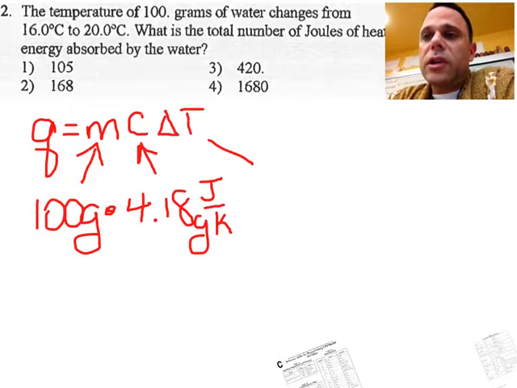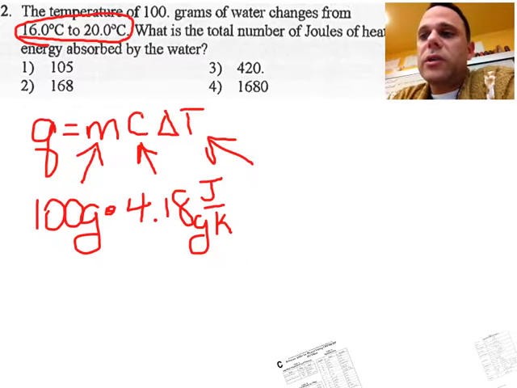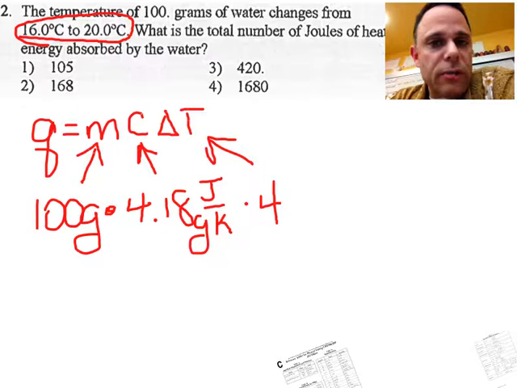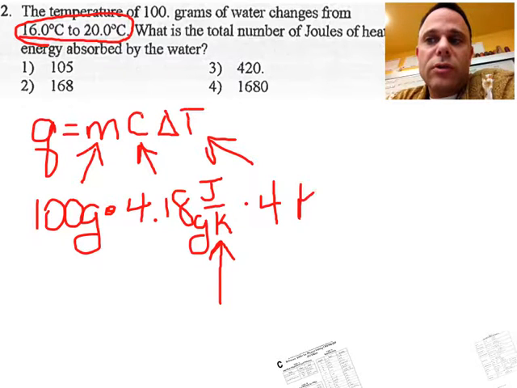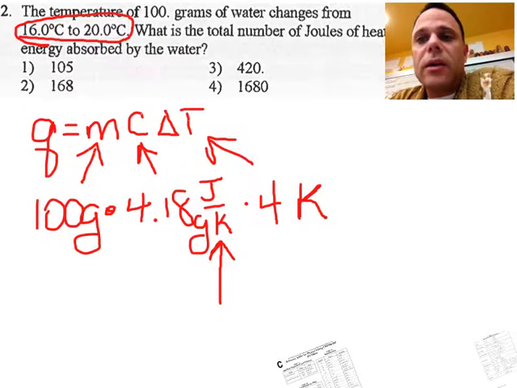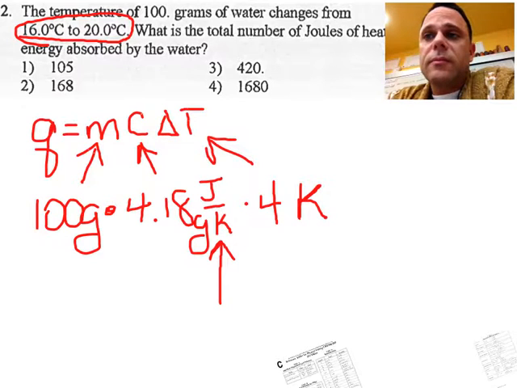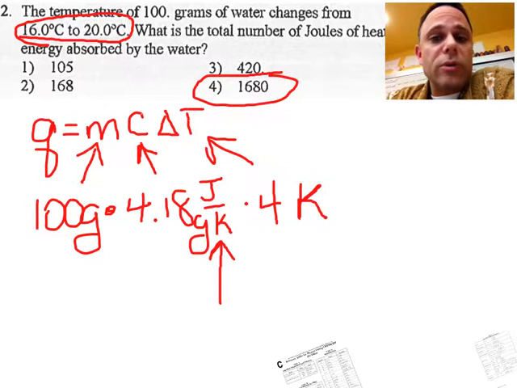And do we know what the change in temperature is? From 16 degrees Celsius to 20 degrees Celsius is a 4 degrees Celsius change. Interesting point: this unit is Kelvin. But what's nice is when you change 1 degree Celsius, you are also changing 1 degree Kelvin. So we could actually swap out degrees Celsius for Kelvin. Multiply these together, and there is your answer.